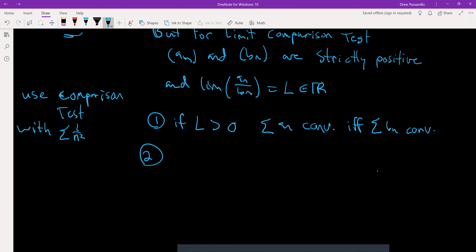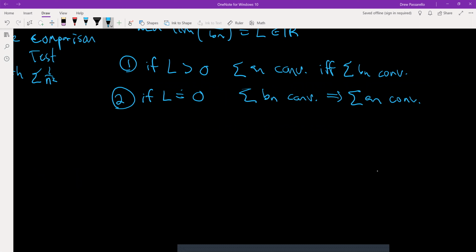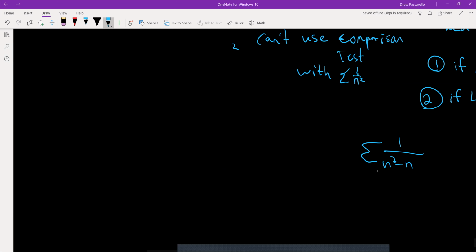And then if L is 0, then the convergence of bn implies the convergence of an. Right, so that's the limit comparison test. Now, for our question, we have 1 over n squared minus n, I believe it was plus 1.